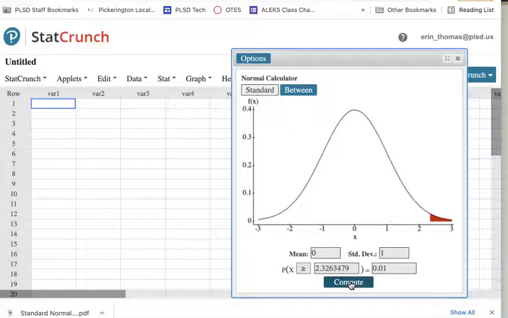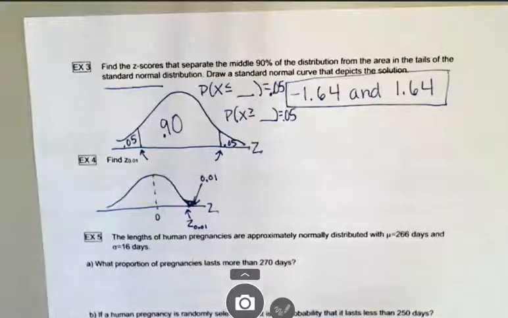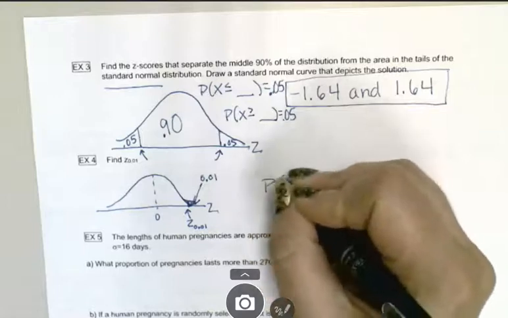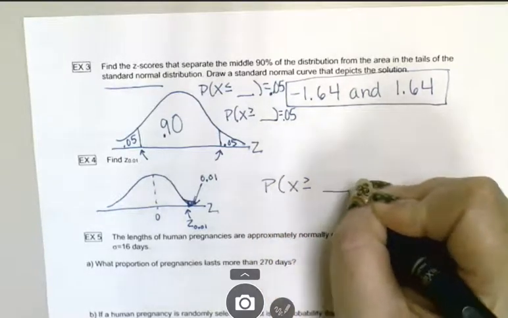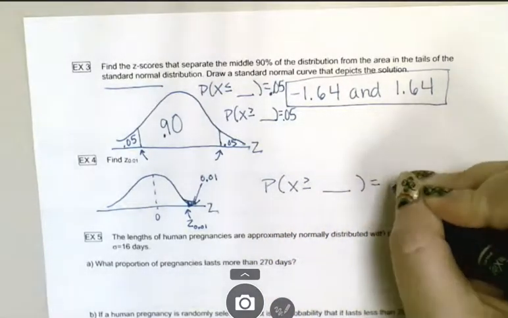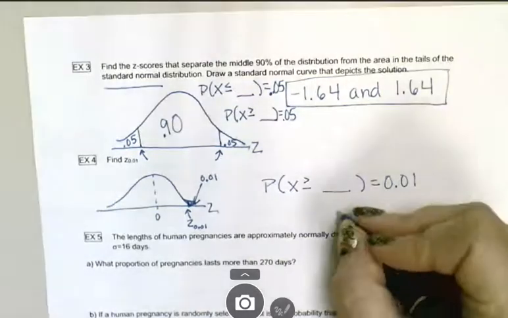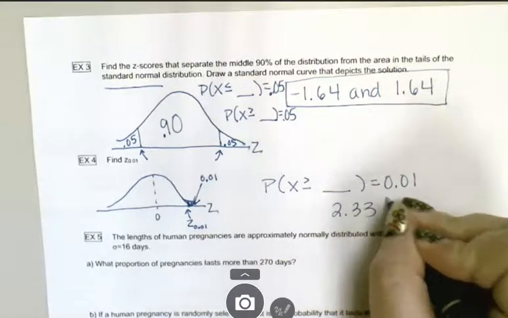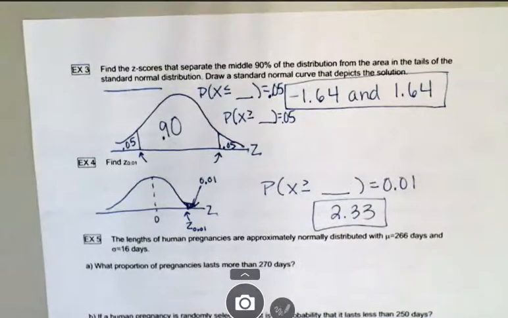And it gives me 2.326, so to 2 decimal places, since it's a z-score, would be 2.33. So again, what did I press into StatCrunch? I did greater than or equal to blank equals 0.01, and I got 2.33 as the result.